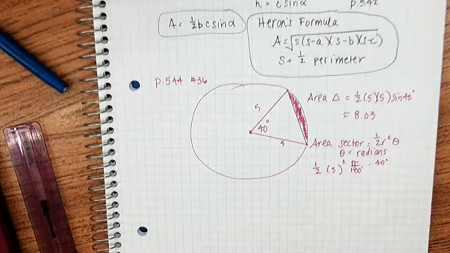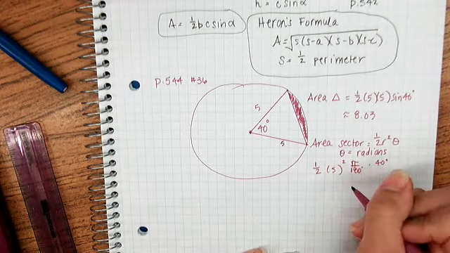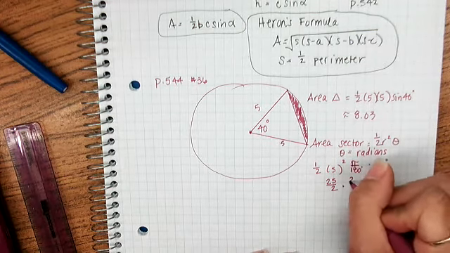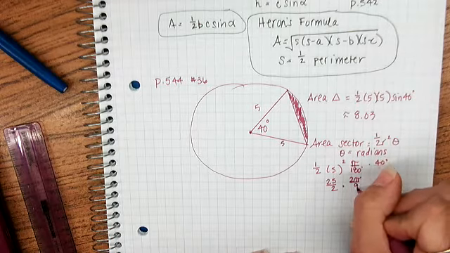So this is going to be whatever 40 over 180 is, 2/9. So this is 25/2 times 2 pi over 9.